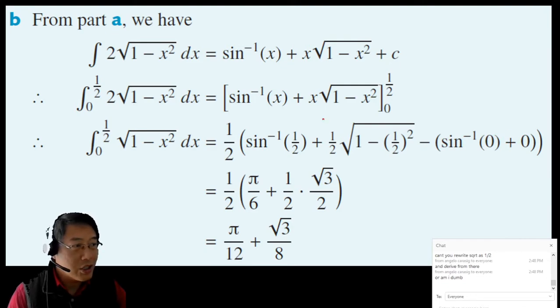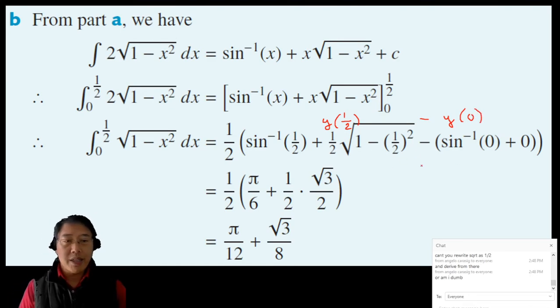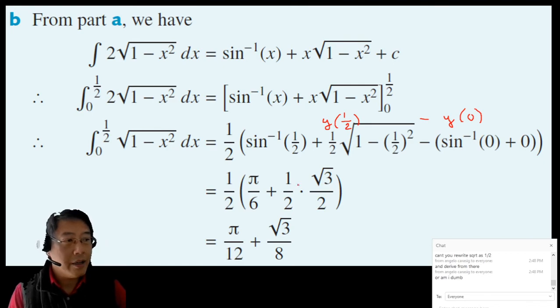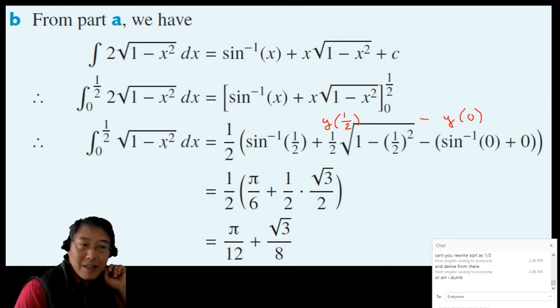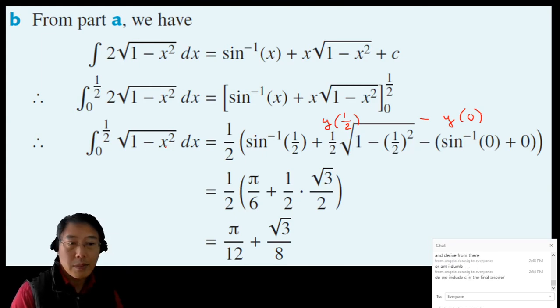So this bit is y of a half, take away y and you substitute x by 0. Okay? So using your exact values, you need to be able to simplify that. That gives you that amount. You expand it, that's pi on 12 plus root 3 over 8, and that gives you your integral. So that part B can only be solved by that hint given to you in part A. Okay?